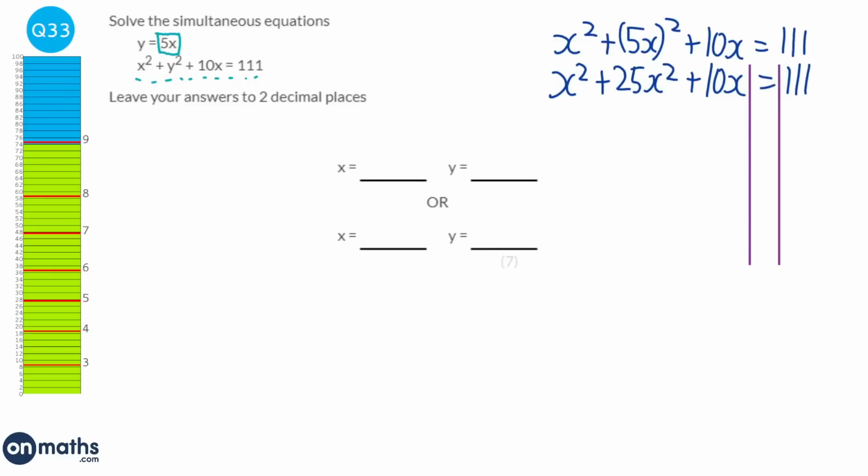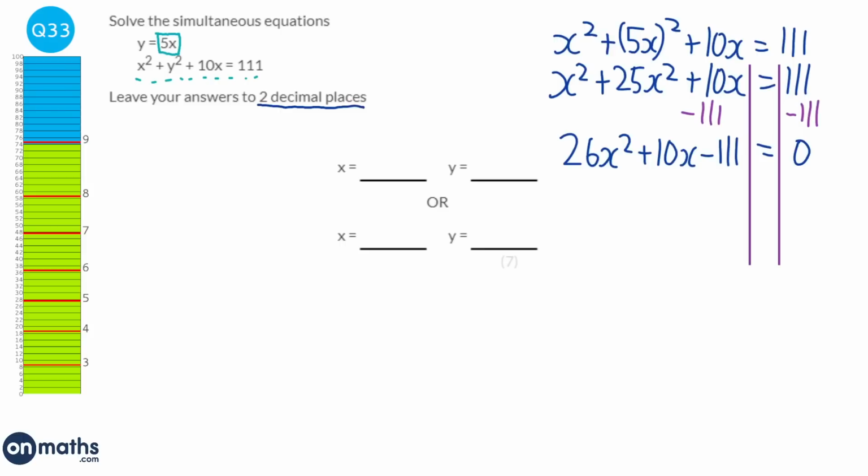It's not much solving to do, because all we need to do is take away 111 from both sides to get it equal to 0, which we need to be able to solve the quadratic. So x squared plus 25x squared is 26x squared plus the 10x, and we're taking away 111 from both sides, so that will equal 0.